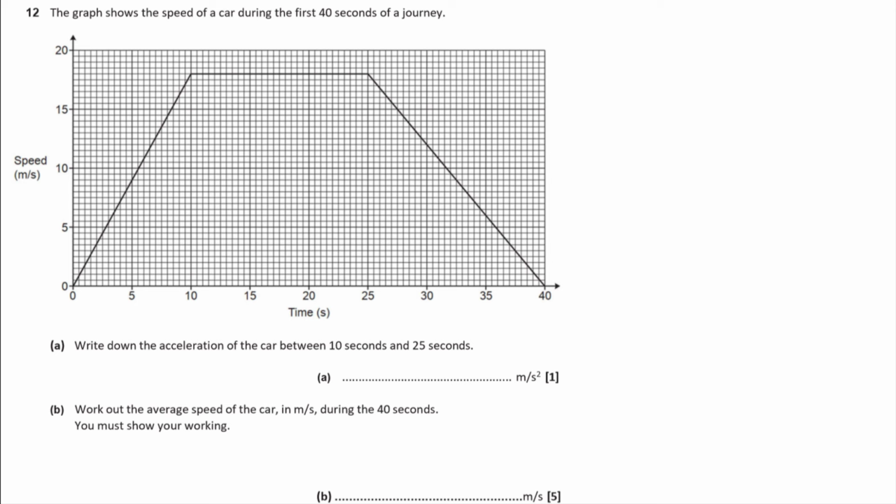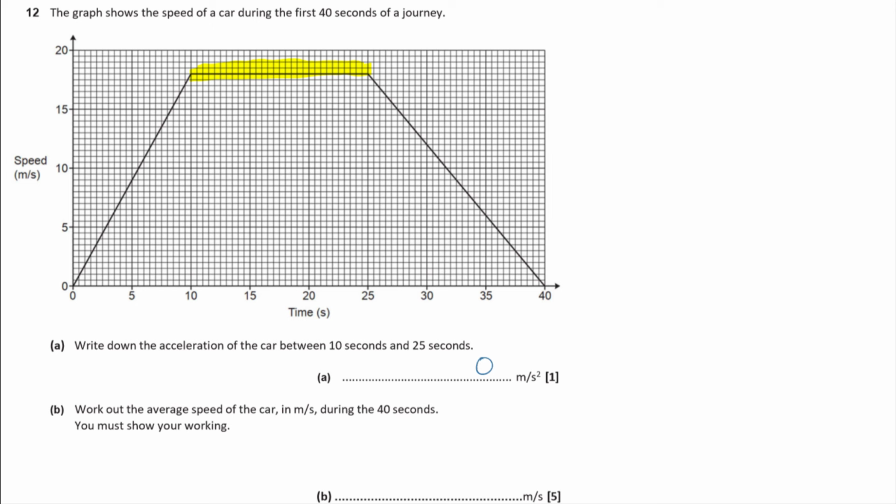Between 10 seconds and 25 seconds, not a lot happening here. The line is flat, so the gradient is 0, which means there is no acceleration between 10 seconds and 25 seconds, so it's 0. Part B says, work out the average speed of the car in meters per second during the 40 seconds. You must show your working.